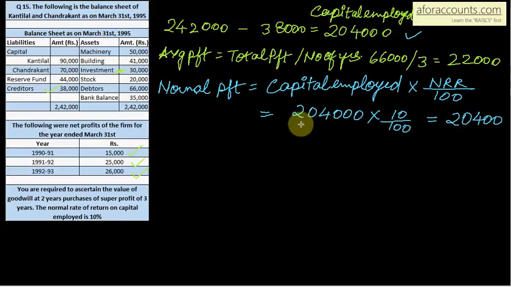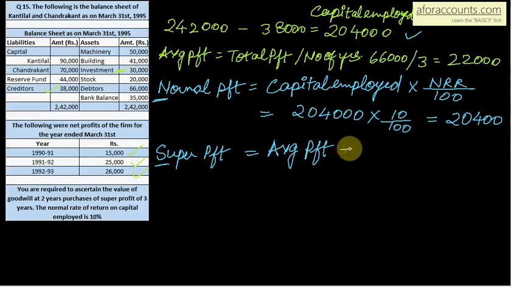Now, the new way of calculation of super profit goodwill. So, new way, second step, super profit. Okay, so the formula for super profit, come on, is average or actual profit minus normal profit. So your average profit minus normal profit.